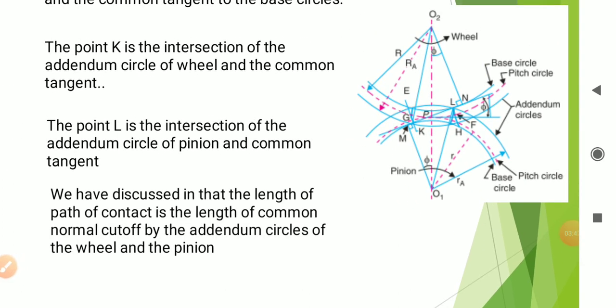We have discussed that the length of path of contact is the length of the common normal cut by the addendum circles of the wheel and pinion.